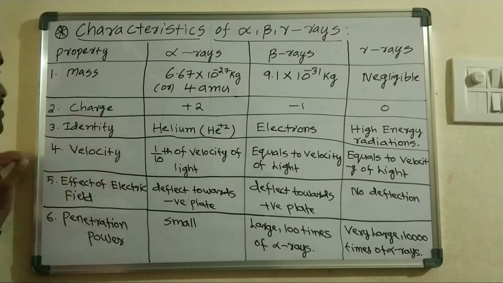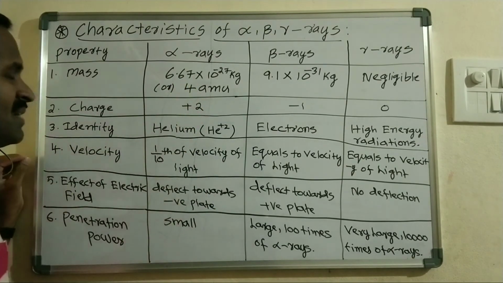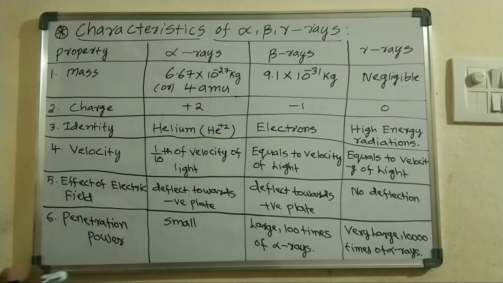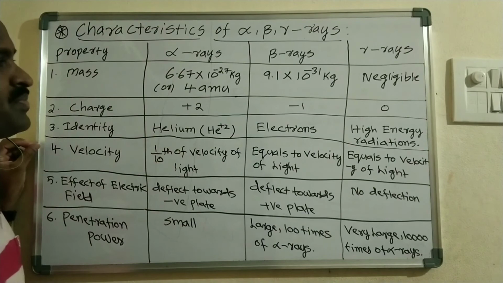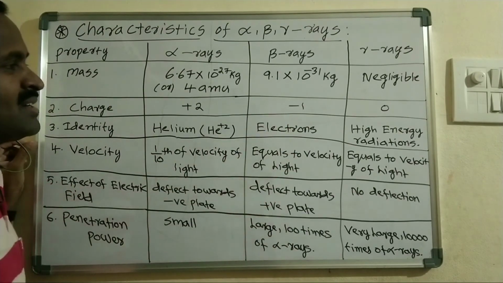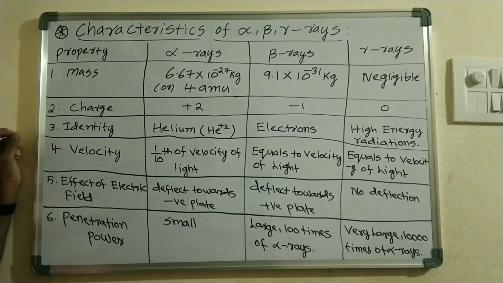The second property is charge. Alpha rays are doubly charged helium particles, so the charge is +2, whereas beta rays have -1, and gamma rays do not have any charge. We take it as 0.